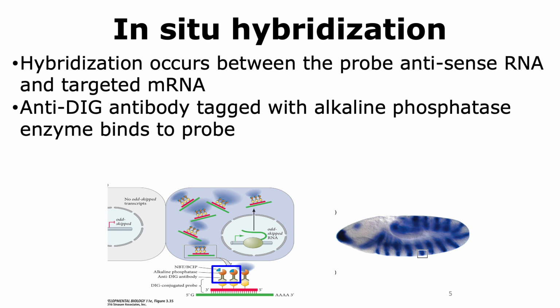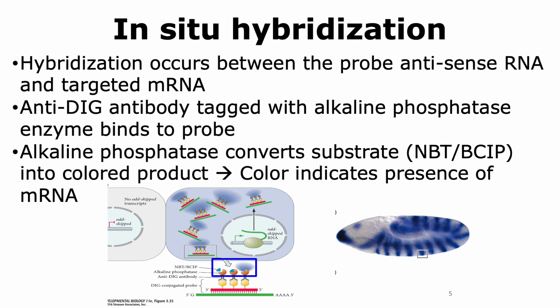After the hybridization occurs, an antibody that can recognize the DIG moiety that is present on the antisense RNA is introduced, and this antibody is tagged with an enzyme, which is usually alkaline phosphatase, and it can bind to the probe or the antisense RNA through the presence of the DIG molecules. Finally, a substrate like NBT or BCIP is added, which is catalyzed by alkaline phosphatase to form a colored product.